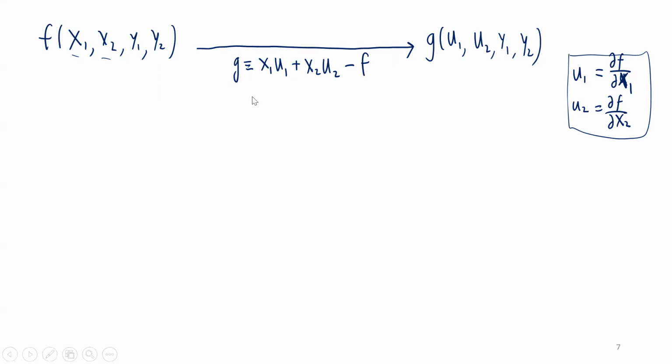Just take the product of the variable that you are trying to get rid of with the new variable, so that's why I have this x1 u1. Then you add another term, which is the second variable you are trying to get rid of and the second new variable, which is x2 u2, and then the whole thing minus f.